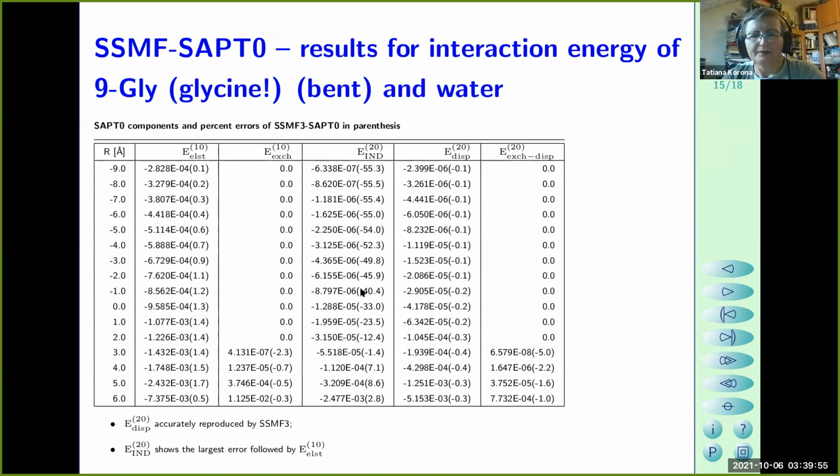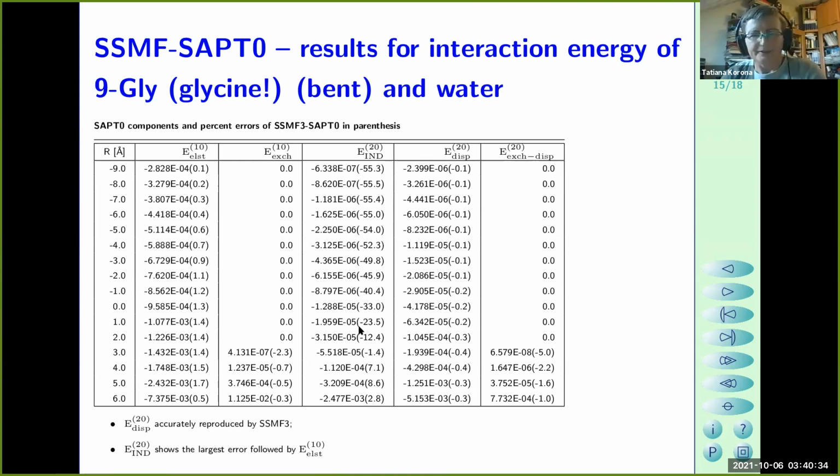And induction starts to behave more or less correctly for small distances from the n-mer of glycine, but for larger distances the error becomes stably large. We have a bit better dependence for electrostatic, but in general induction does not behave well.